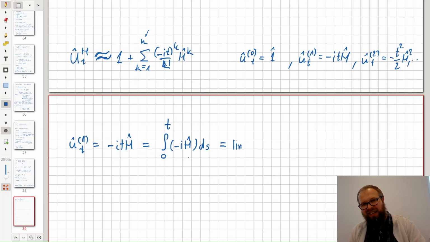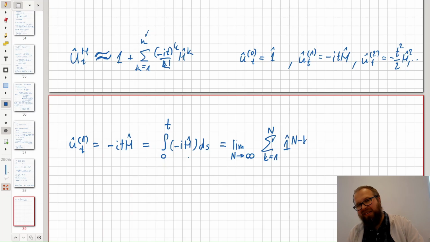The integral is a Riemann sum, right? So I can take n to infinity, the Riemann partitions, sum k from 1 to n, such that I have identity to the power n minus k, t over n H, identity to the power k minus 1.